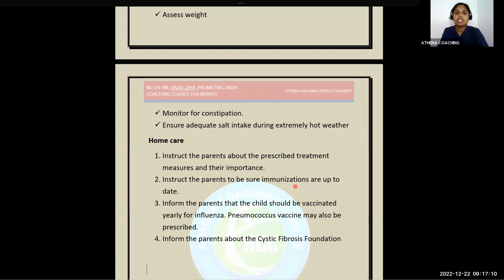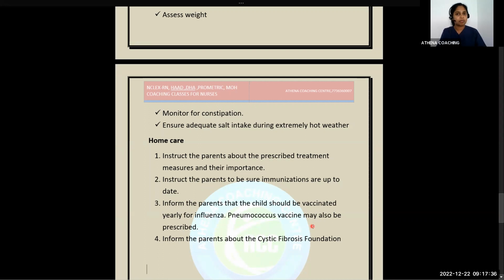You must not allow the child's symptoms to get worsened, and for that, immunization is important. Inform the parent that the child should be vaccinated yearly for influenza, because the influenza vaccine is a yearly vaccine that helps prevent flu infections.